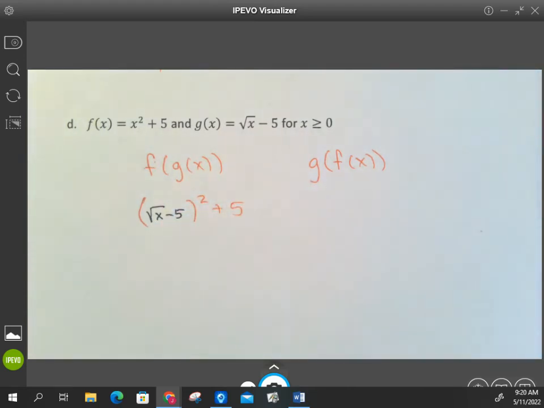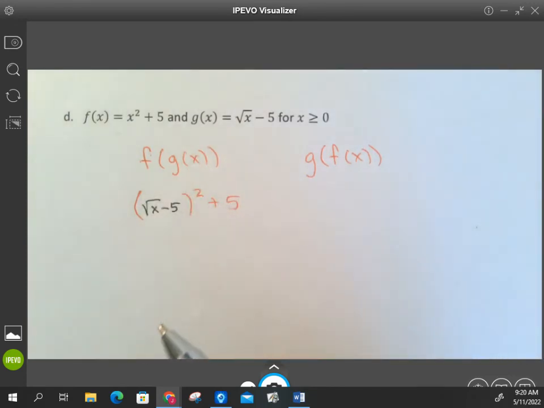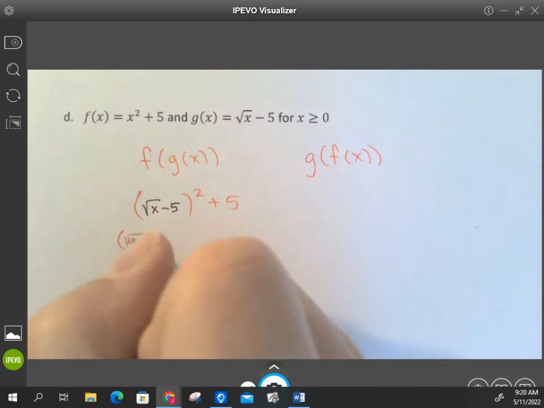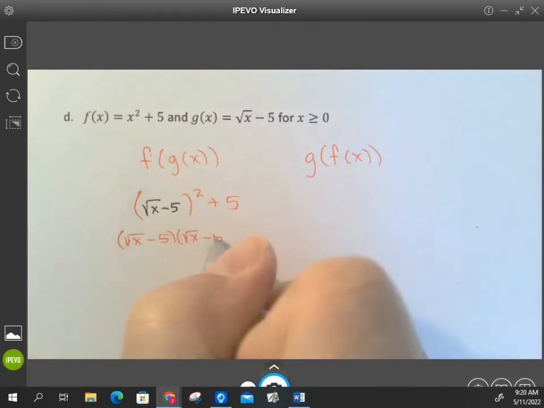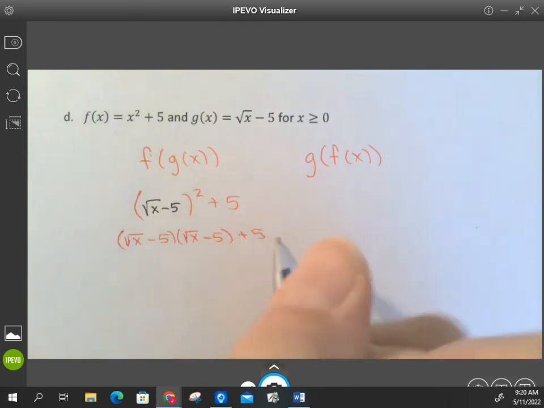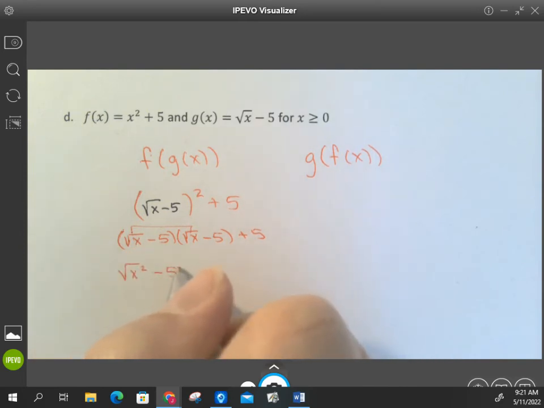And we have to be really careful here, because as much as we want to just jump in and square both pieces, we can't. You actually need to FOIL this, which can be a little bit messy, but we are capable of it. So if I FOIL this, I get the square root of x squared, which is going to cancel. I get a -5 square root of x.